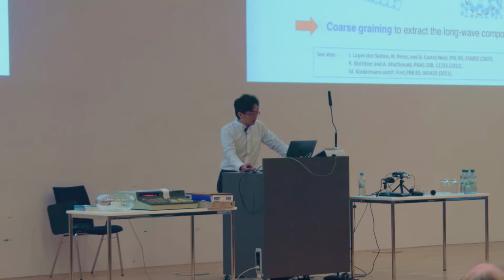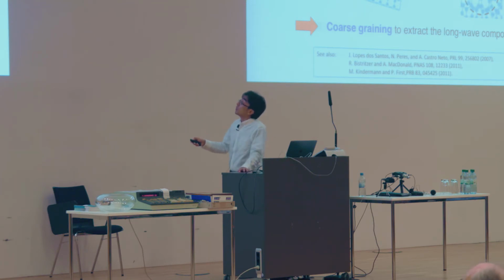But we immediately noticed that this is not as easy as we initially imagined. This is an example of a typical twisted bilayer graphene. Say we just stack a graphene layer at some certain angle. Then obviously we have some Moire period.